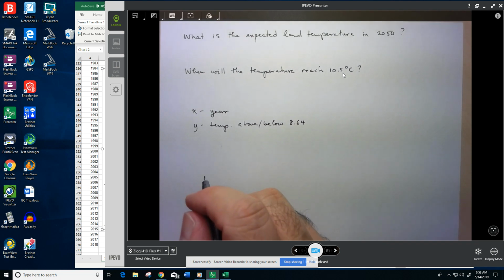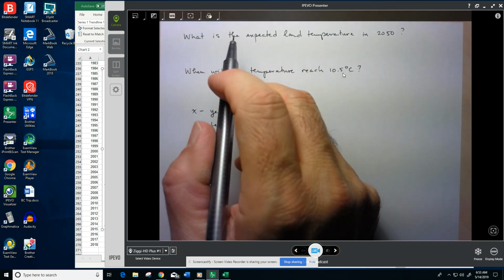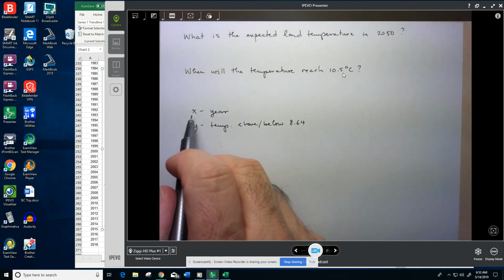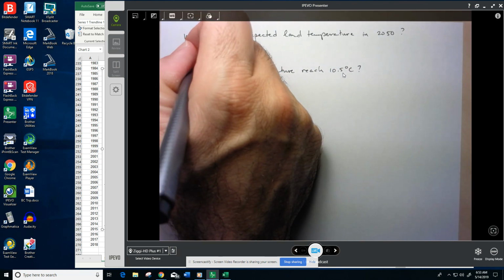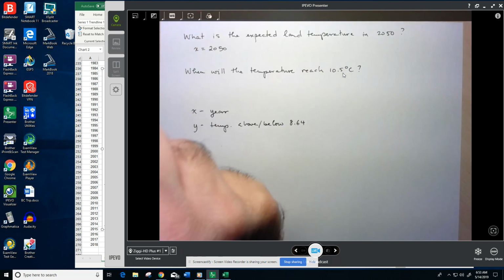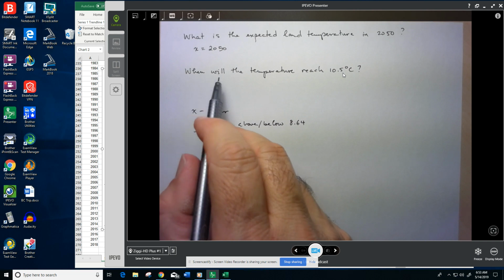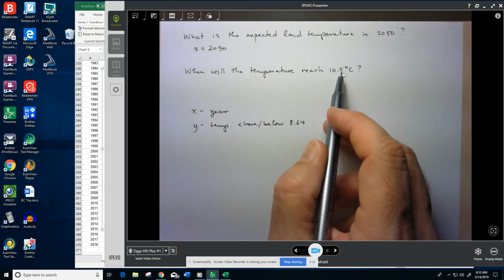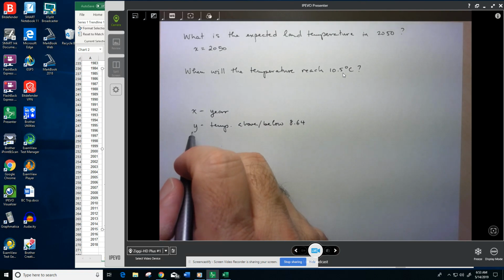So if I want to know the expected land temperature in 2050, what they've given me is a time value. So I'm going to take my equation and input x equals 2050. Whereas in the second part, if I want to know when the temperature will reach 10.5 degrees, it means I'm going to have to input a y value.